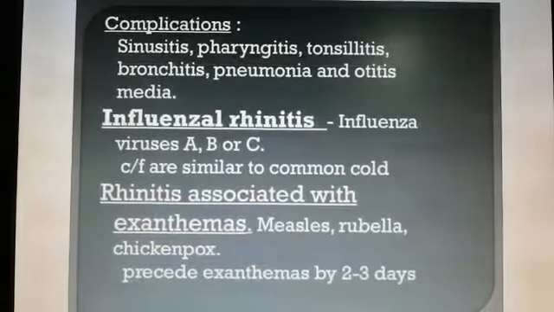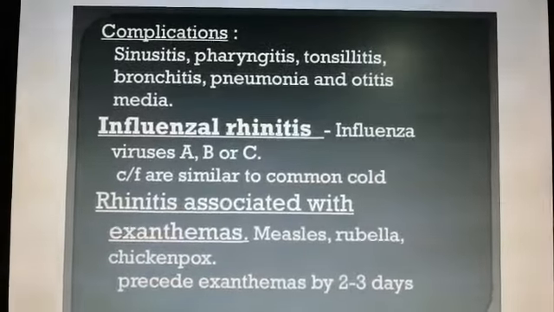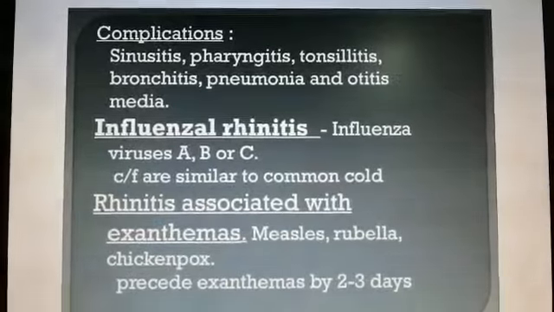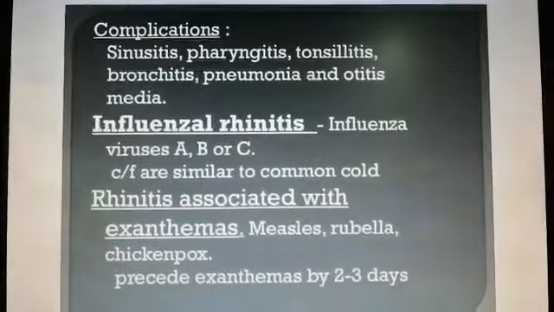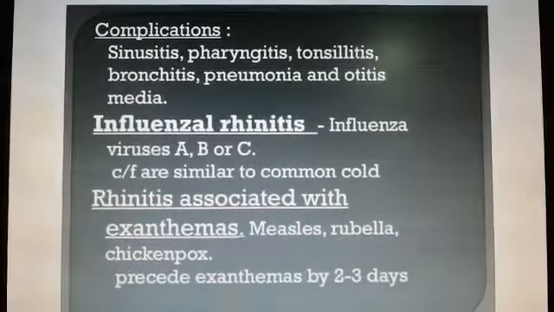Okay, let us presume that patient is now having rhinitis and there is a certain complication that can occur. So in the vicinity of nose, we have paranasal sinuses. The sinuses can also get involved and lead to sinusitis. Apart from this, you all know there is a nasopharyngeal end of eustachian tube and the other end opens into the middle ear.